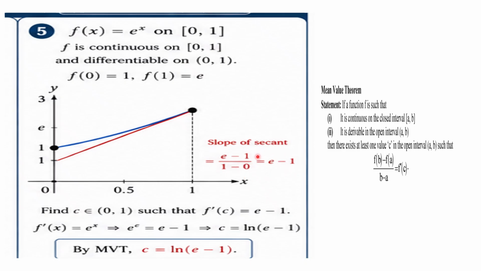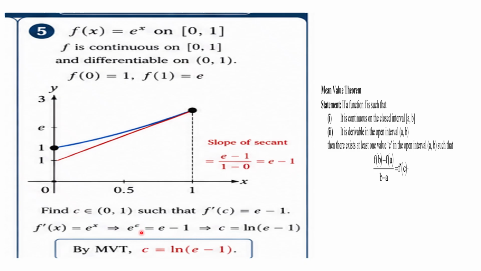So by this condition we have to find c belonging to 0 to 1 such that f dash c is equal to e minus 1. By the mean value theorem we have to find the c value in all questions. f prime x is equal to e power x, so e power c, here f prime c is e minus 1, so e power c is equal to e minus 1.